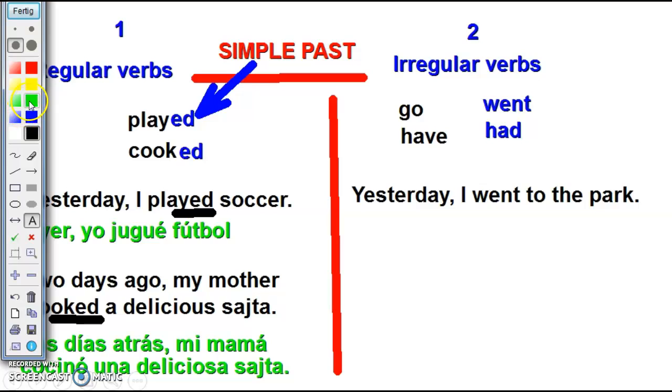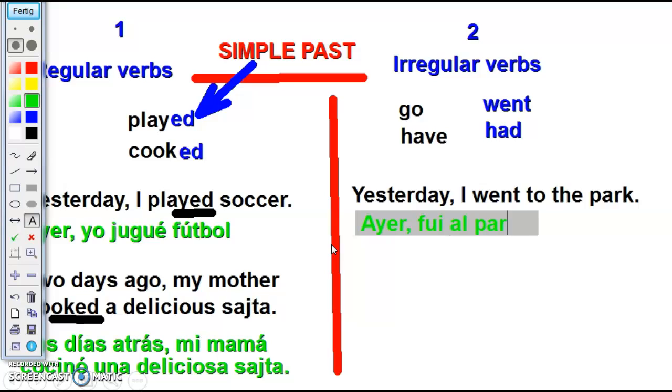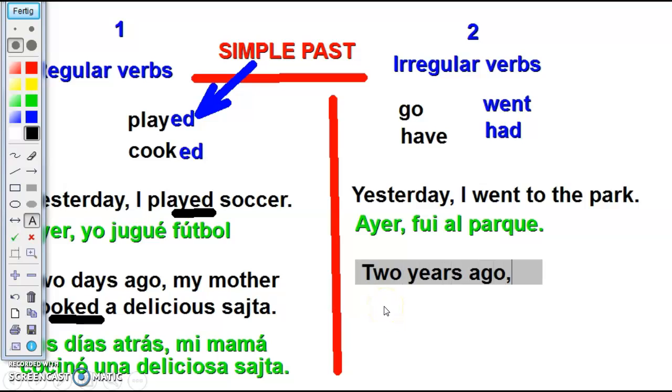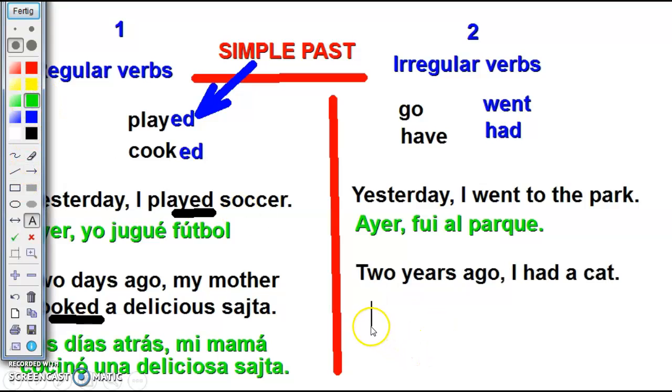This is one example. Another example with have. 2 years ago, I had a cat.